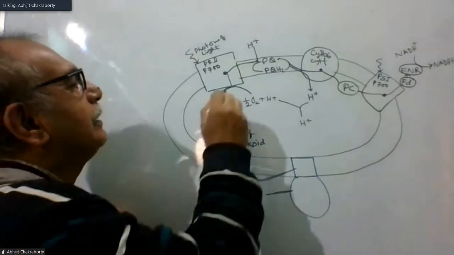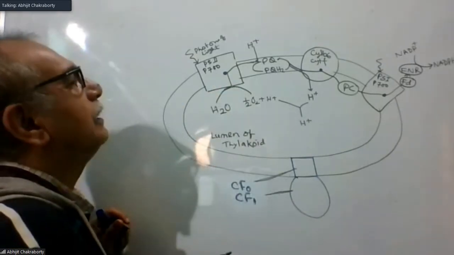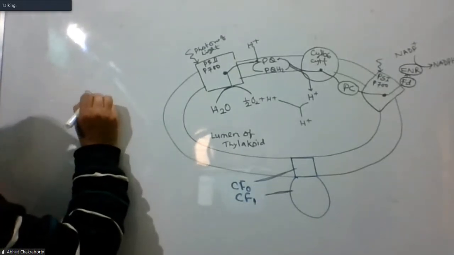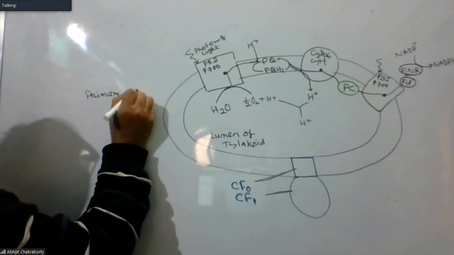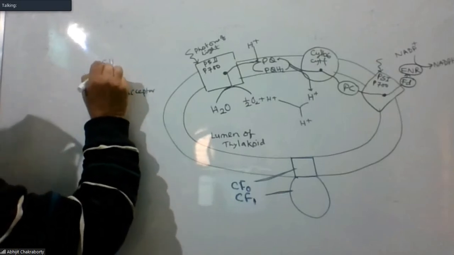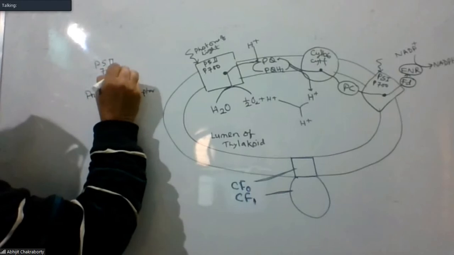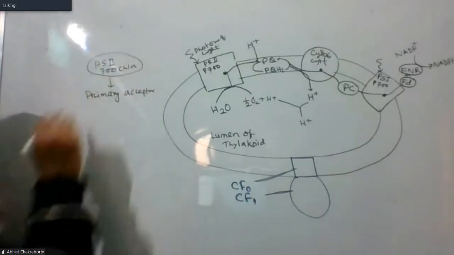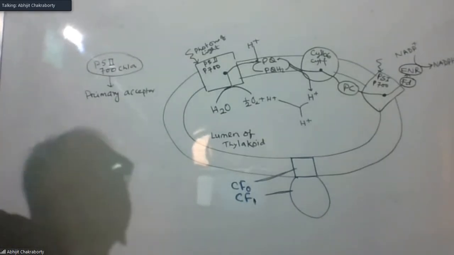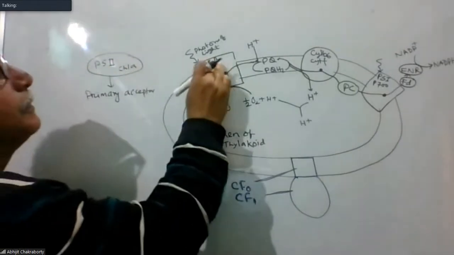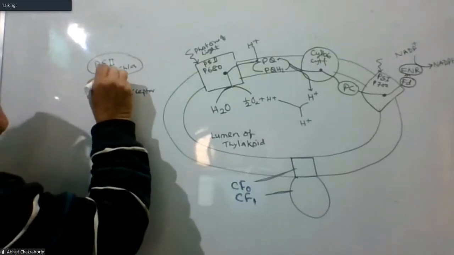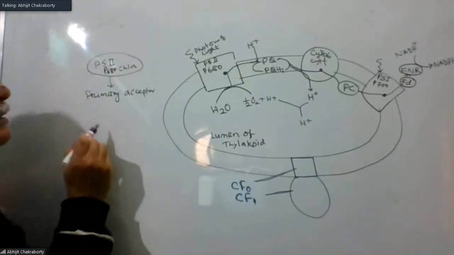Now the primary acceptor, you see what happens here. The electron ejected from P680 chlorophyll a goes to the primary acceptor.